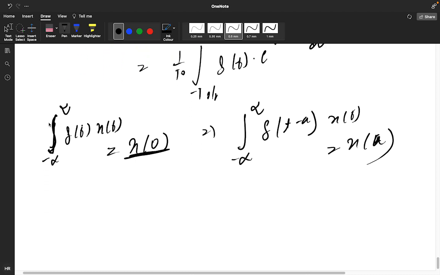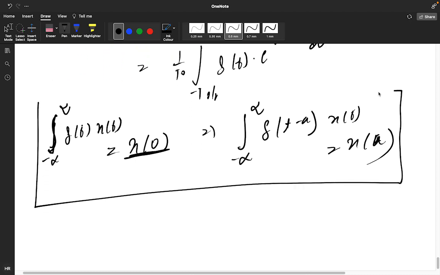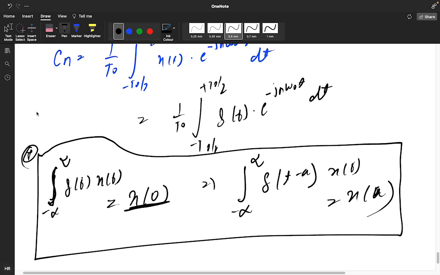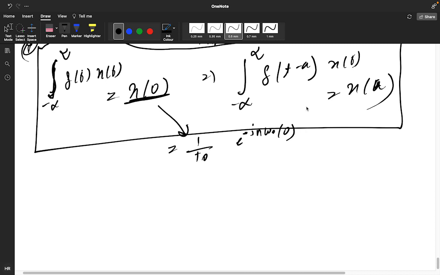So according to this formula, just go and revise the formula if you are not recalling it, and you will get 1 by t naught, the value will be e power minus j n omega naught 0, because t minus 0 is there, so we need to put t as 0. So what value are we getting? We are getting 1 by t naught only.